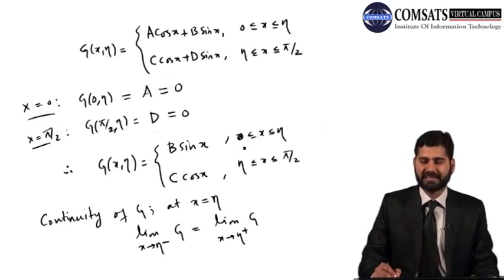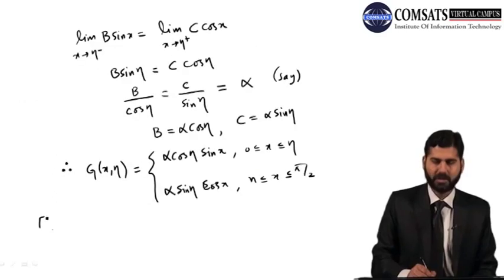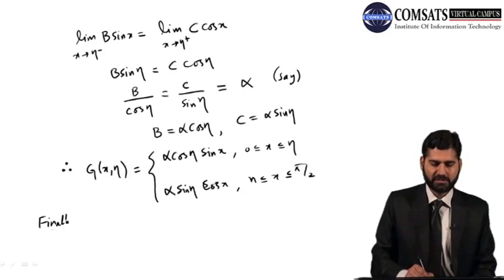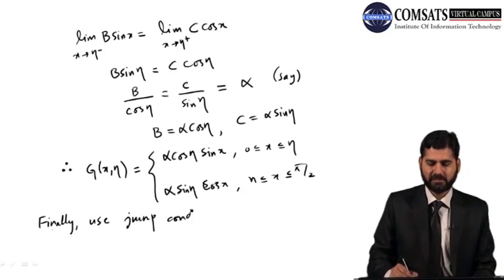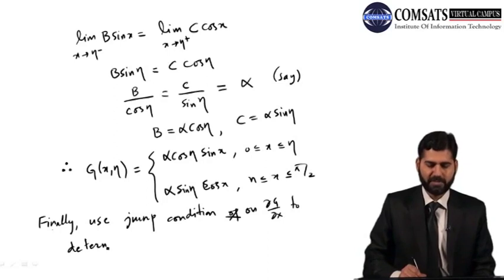Partial g by partial x has a jump of -1 at x equal to eta. So finally, we use the jump condition on partial g by partial x to determine alpha.